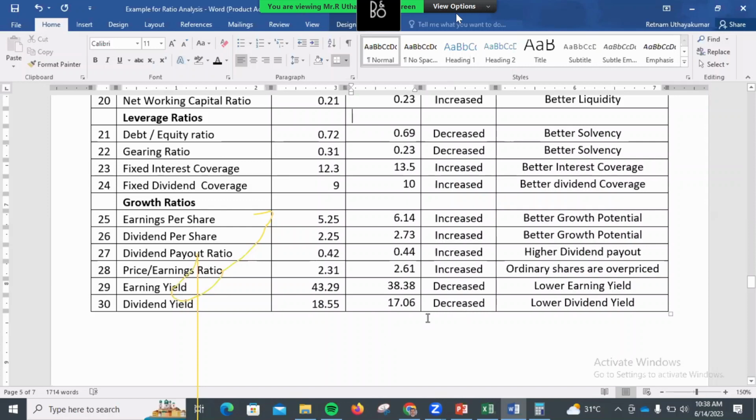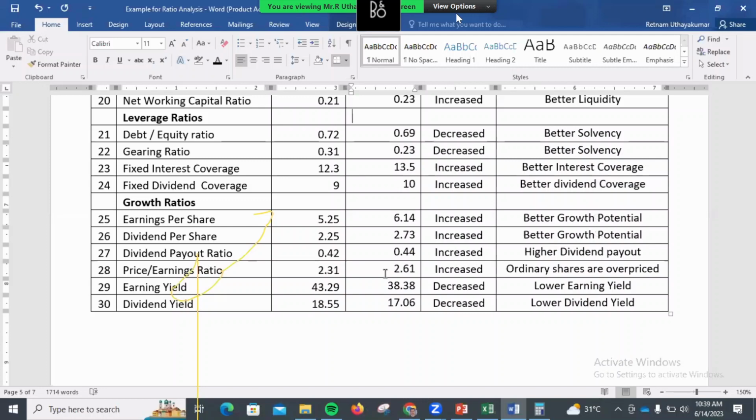So earning yield and dividend yield decreased. So what is the interpretation? Better growth potentials. Whenever you find that earning per share is increasing, you want to write that the firm has growth potentials in future. And for the price earning ratio, whenever you find the ratio is increasing, you tend to interpret it as overpriced.